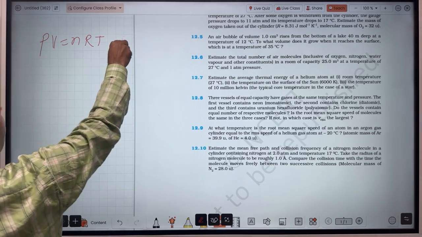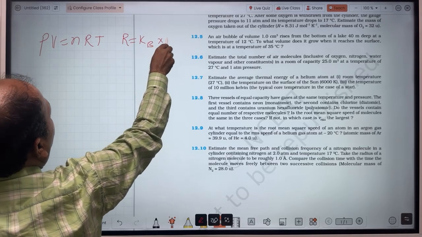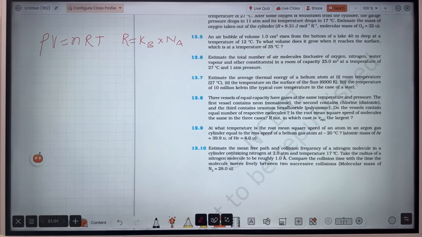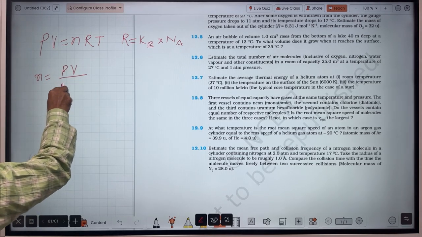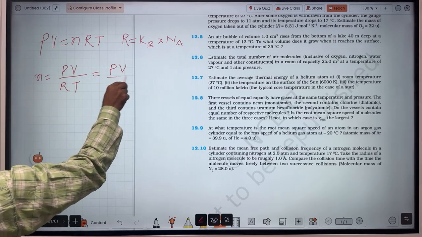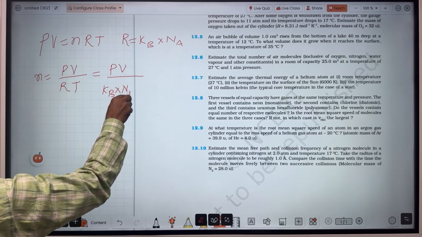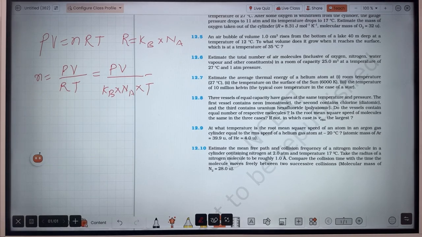If we don't write R, then what can we do? In place of R, we can write Boltzmann constant times Avogadro's number. Then again calculation can be done. And here our concern is to get the value of N. So N equal to PV upon RT, or we can write PV divided by, in place of R, Boltzmann constant into Avogadro's number, into temperature. We will get the same thing. So let's put the values.